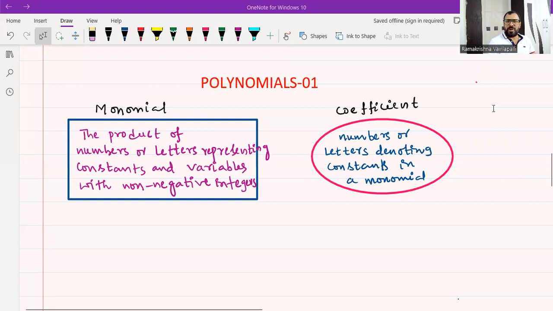So first of all, what is a monomial? Before we explain the polynomials, what is a monomial? Mono means single. The meaning of mono here is single.